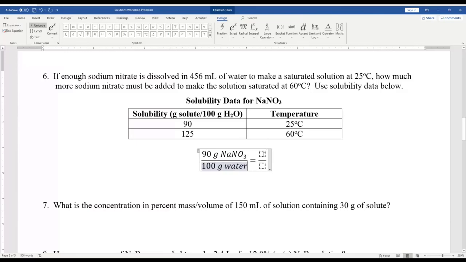And on the other hand, how much water do I have in this solution? Yep, 456. So I'm going to put that amount down here.